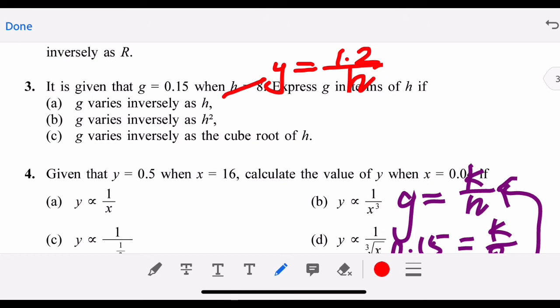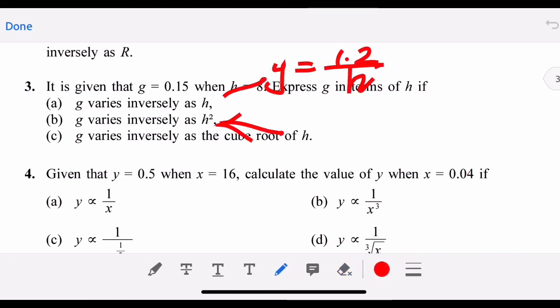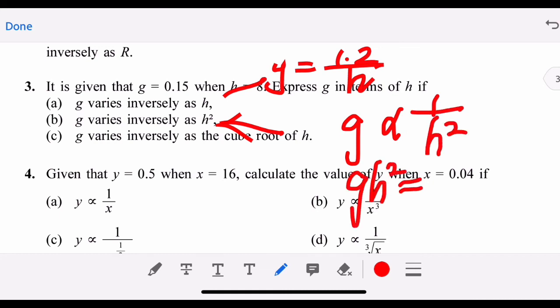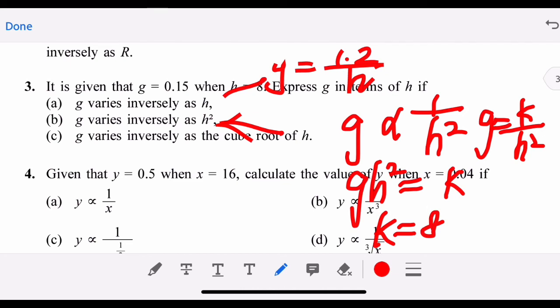Alright, so for this one, we have to start with G varies inversely with 1 over H square. So that means GH square is actually a constant. Or you can write G is equal to K over H square. So we need to substitute the value. So K is 8 times 0.15 square.